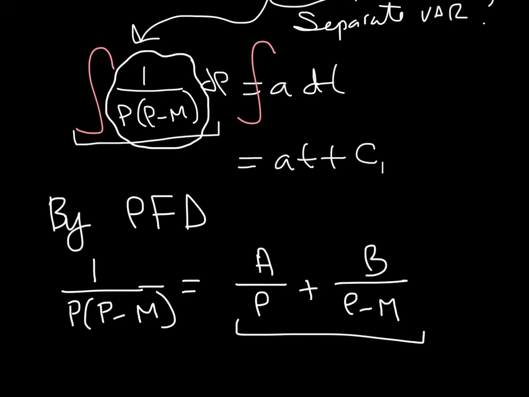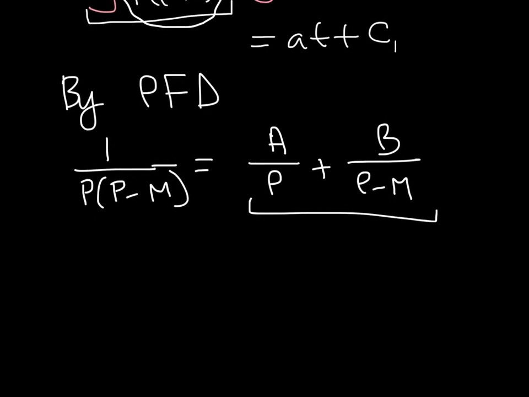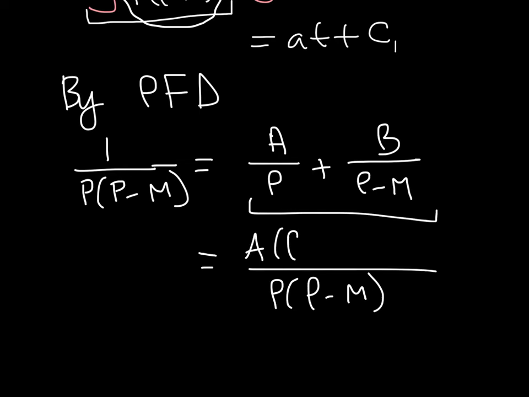And this is just really some algebra, because it's easy to integrate the right-hand side. So let's see, we can definitely combine these fractions. And if we do, we get A times this quantity plus B times P. So I'm just adding the fractions on the right-hand side.